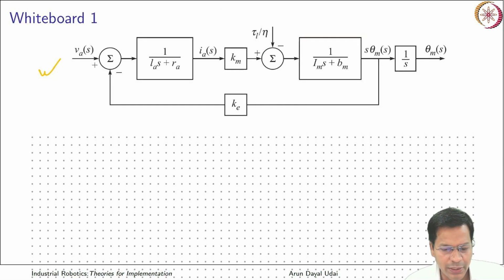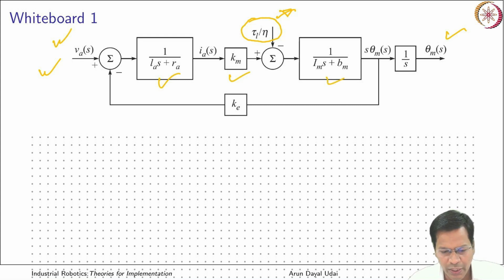So now when this part is there directly, you have input here, you have output here, and let us forget there is any disturbance coming from the load side. So if this is not there, I'll write one by one what all systems come in. If I leave this out for now, this and this are in series.